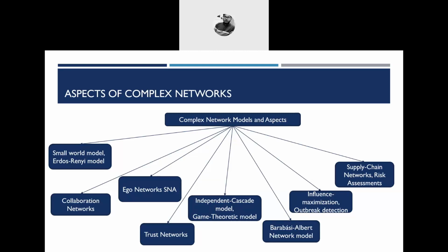So these are the main parameters through which complex network models can be implemented to understand the key aspects of these theories. There are other factors, other models, other aspects which can be studied with the help of complex networks, which we will also discuss.